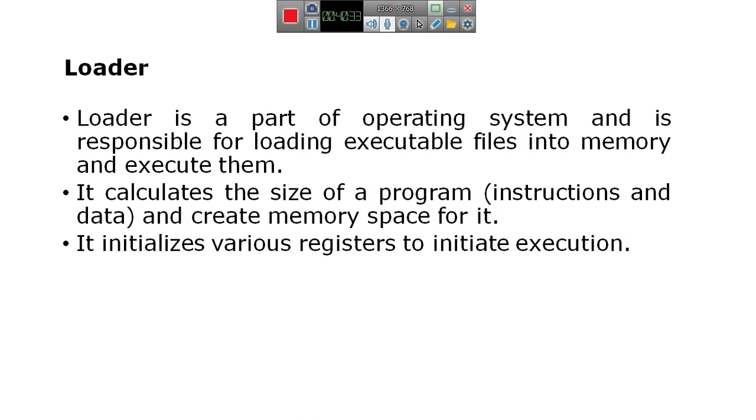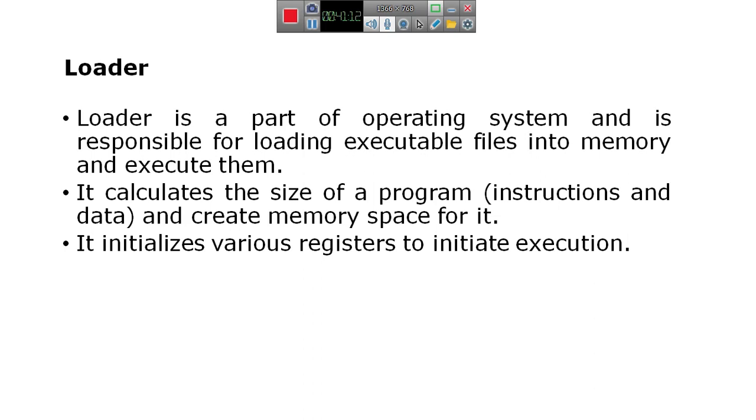The responsibility of a loader is, after converting the source code into object code for execution and attaching links to the library, the loader loads this program into the computer memory for execution.